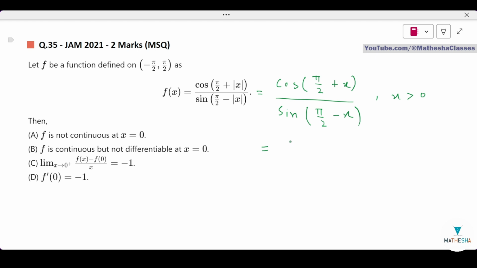So when x is less than or equal to 0, it will be cos of pi by 2 minus x upon sin of pi by 2 plus x.